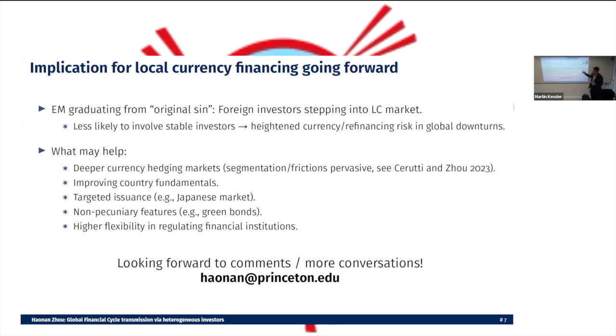Of course, we have also seen countries like Indonesia doing some targeted issuance. For instance, they target the Japanese market, which is populated by relatively stable investors. So essentially, there's potentially a lot that can be done to encourage long-term investors into these emerging market local currency markets. I welcome additional thoughts and comments on this paper and on the overall theme of this session. Thank you so much.